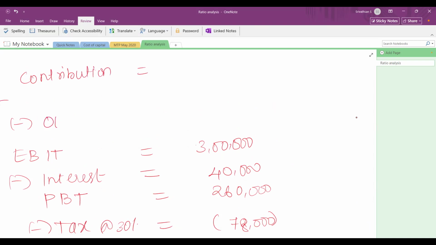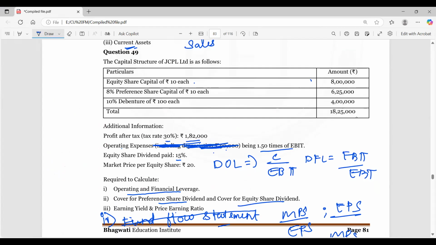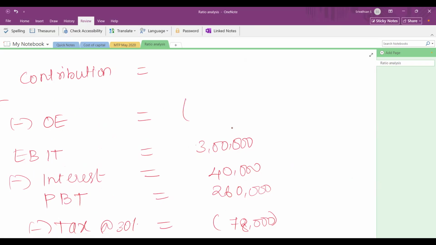Contribution minus operating expenses is EBIT. So what is operating expenses? It is 1.5 times of EBIT. So what will be your operating expenses? 4,50,000. So what is contribution? 7,50,000.